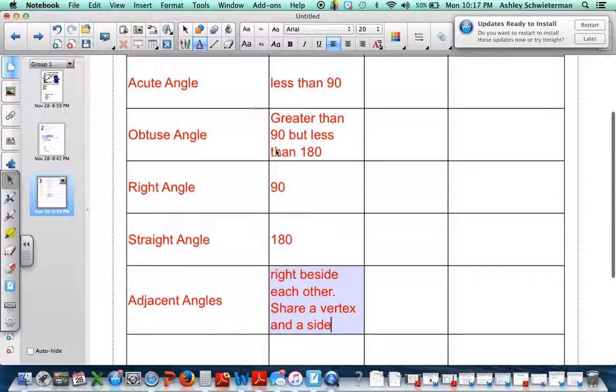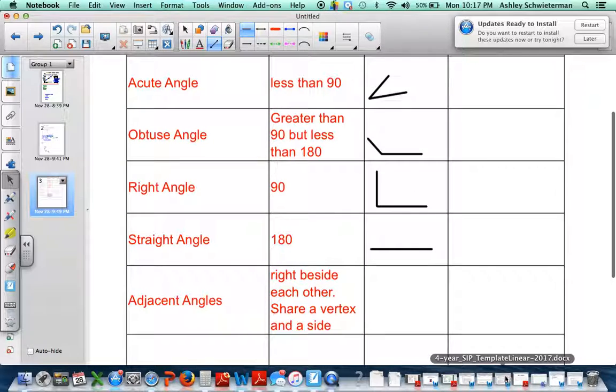So for instance, here's an angle, and here would be two angles that are right next to each other. An angle here and an angle here.